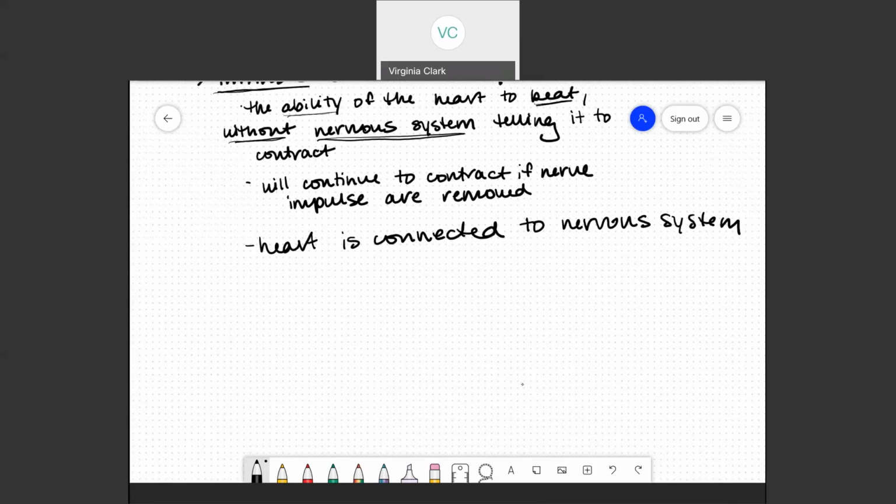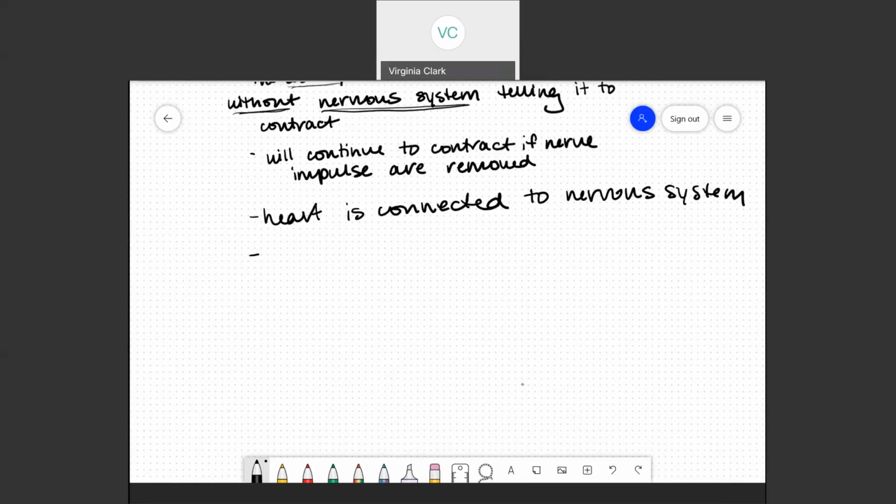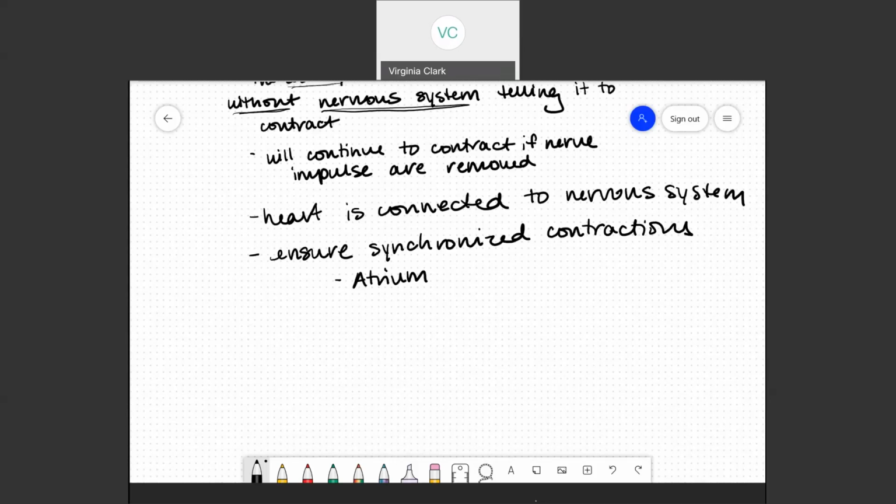So the intrinsic conduction system will ensure synchronized contractions of all of your heart muscle. It's going to be in a sequential pattern, and it will be your atrium and then your ventricles. We talked briefly about this in the exercise before this. It will be the top chambers and then the bottom chambers.